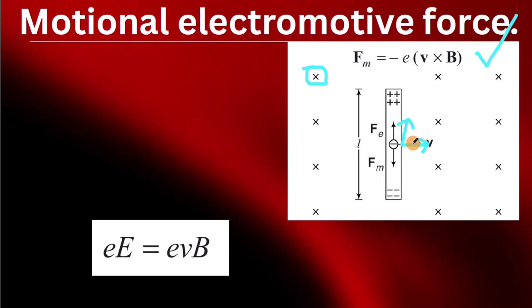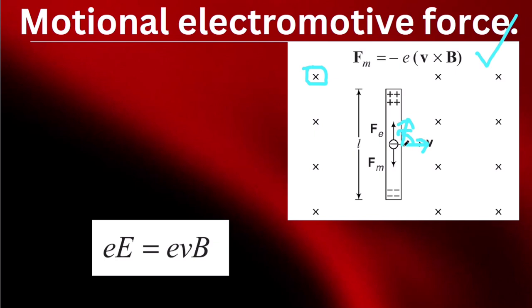Then v cross B will be in this direction, perpendicular to the plane containing v and B, at right angles.